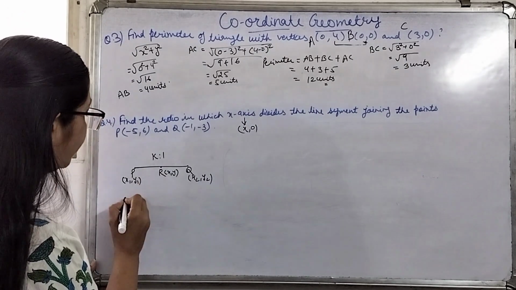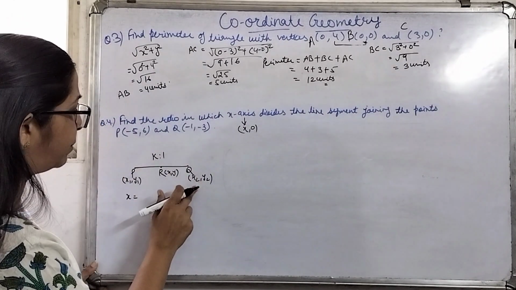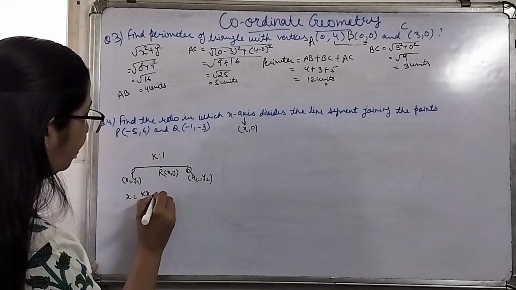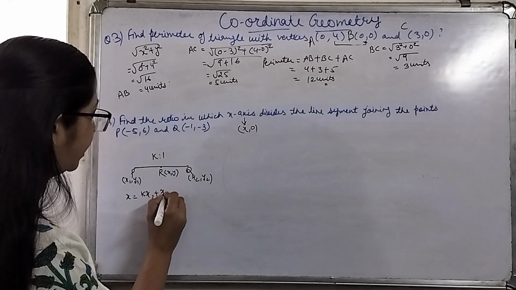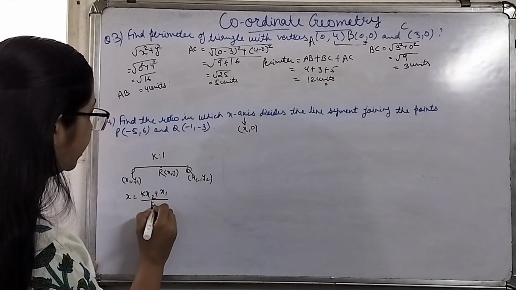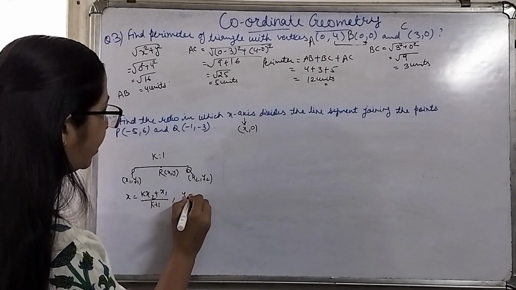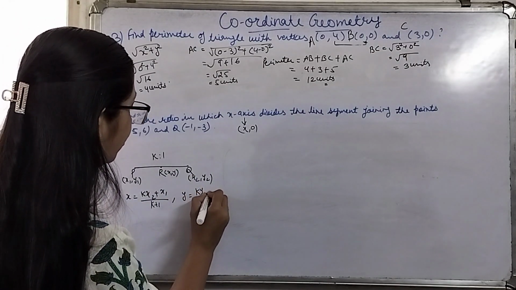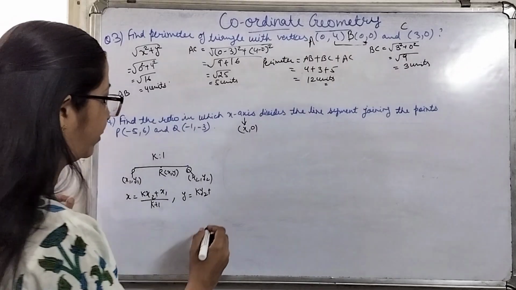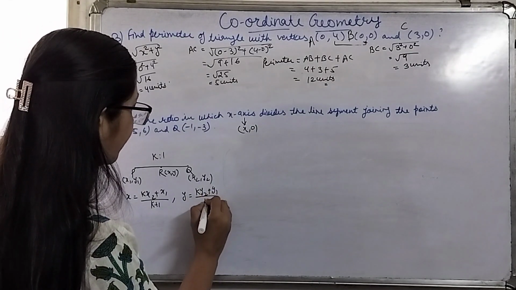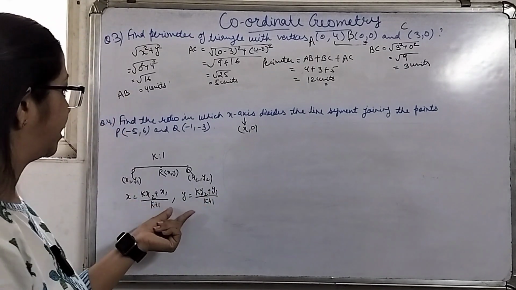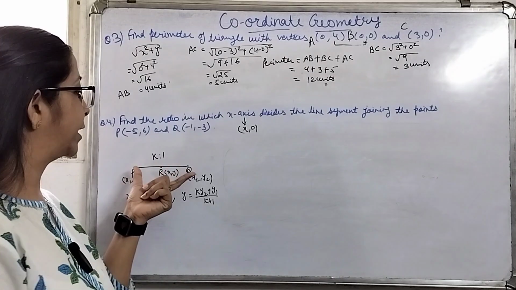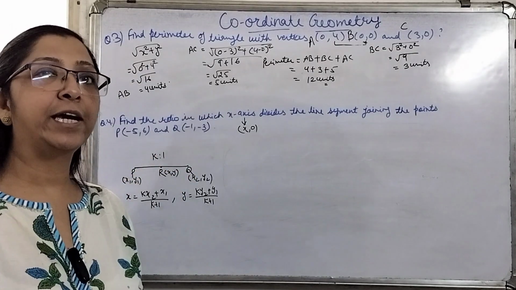Then x will be given by (k times x2 plus 1 times x1) divided by (k plus 1). Similarly, the y-coordinate will be (k times y2 plus 1 times y1) over (k plus 1). This is the coordinate of the point which is dividing the line PQ in the ratio k:1.